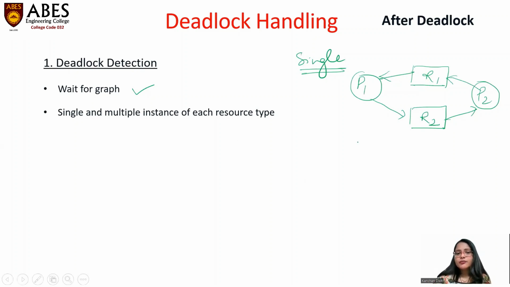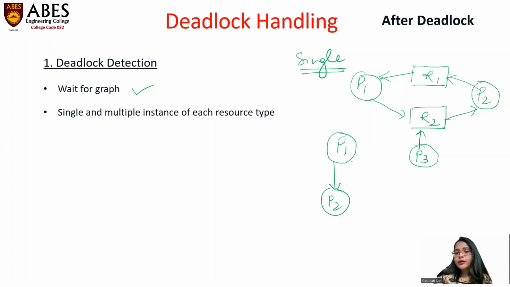So in simple way, we just need to know that P1 is waiting for which resource, which process. And suppose R2 is being requested by P3 also, right? So P1 is waiting for the resource R2 and R2 is held by P2. So P1 is waiting for P2, right?